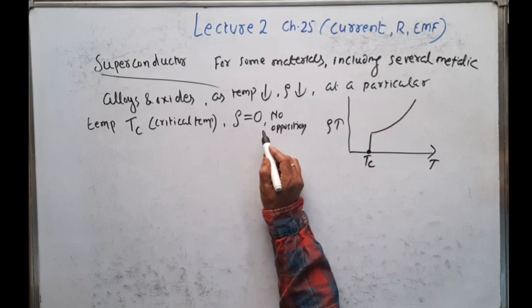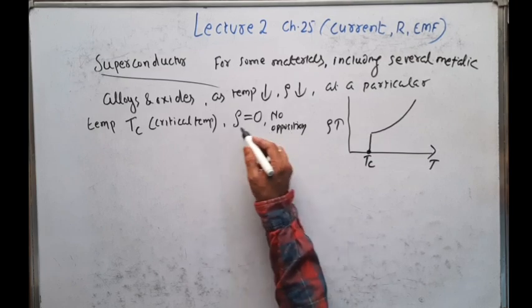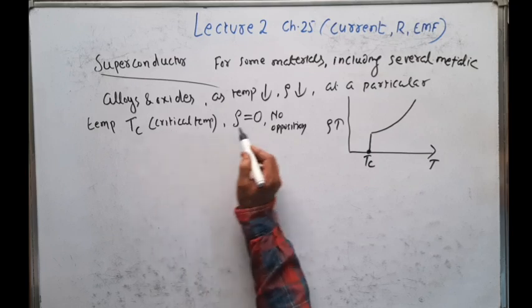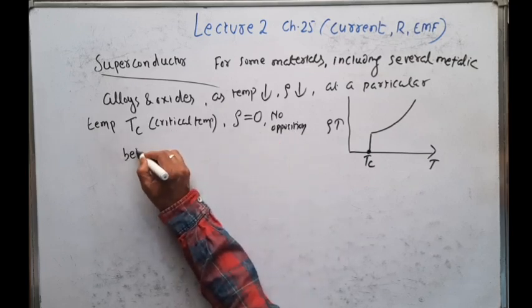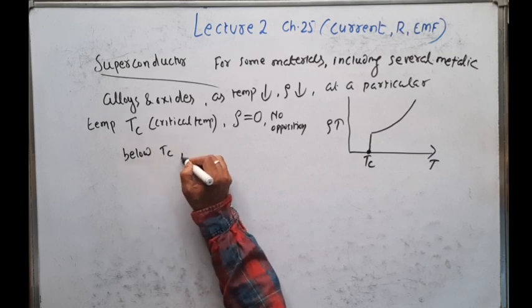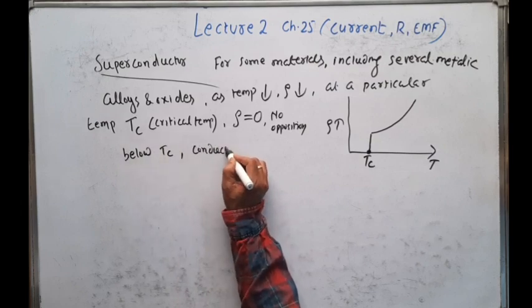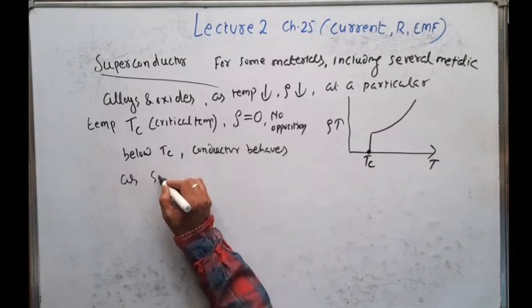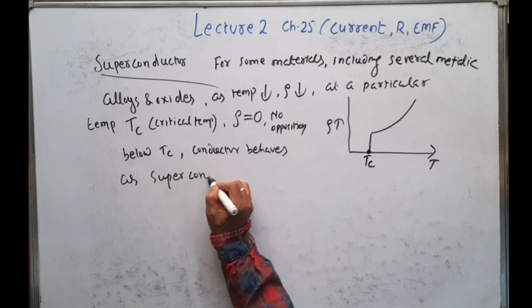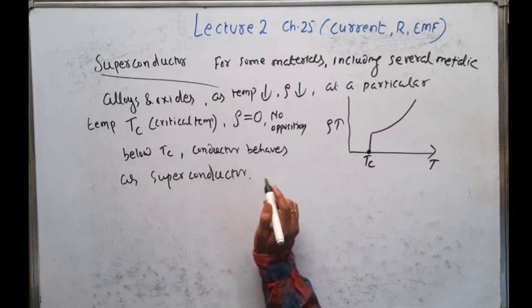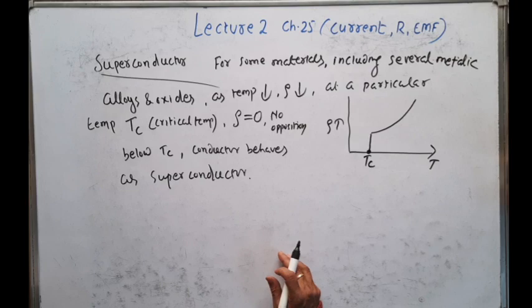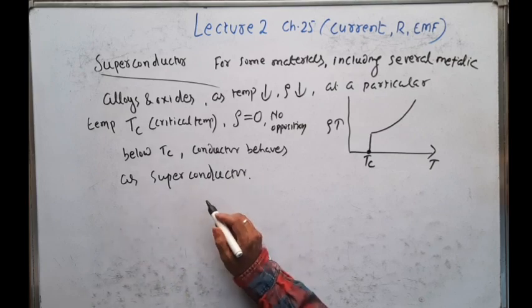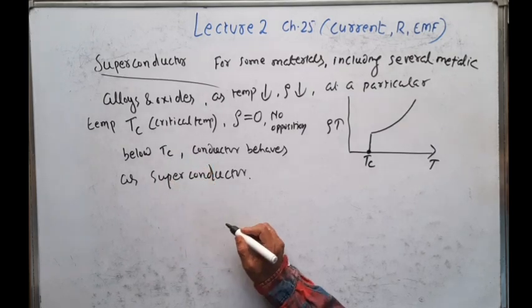That means it will behave as a superconductor. So below this critical temperature, the conductor behaves as a superconductor. This is about the various characteristics of conductors, semiconductors, some alloys and superconductors.